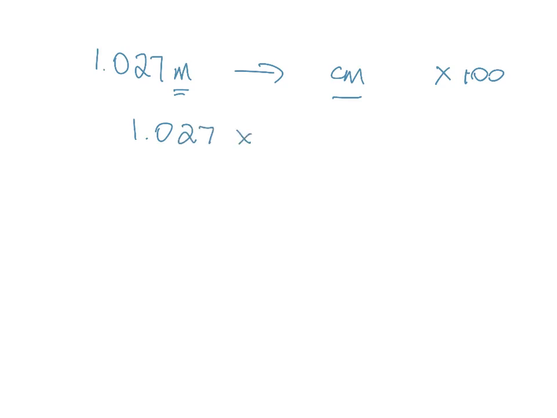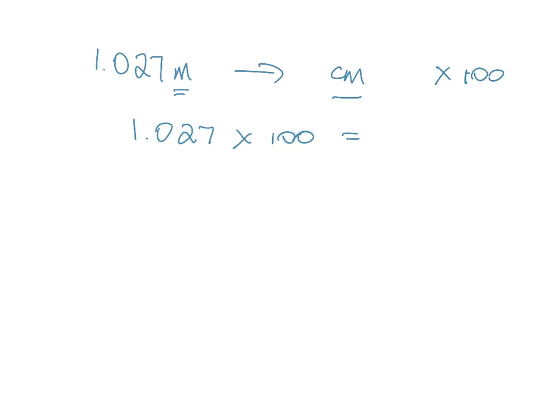Okay, so now for a little bit of practice. Let's say we started with 1.027 meters and we want to convert that into centimeters. Now we know to go from meters to centimeters, we need to multiply by 100. So we could actually do it like this. Multiplied by 100 equals.